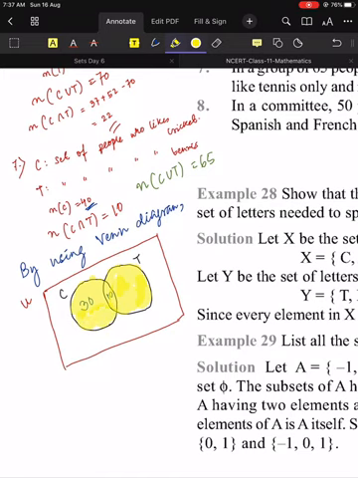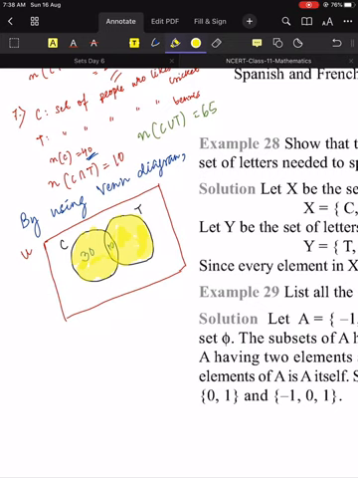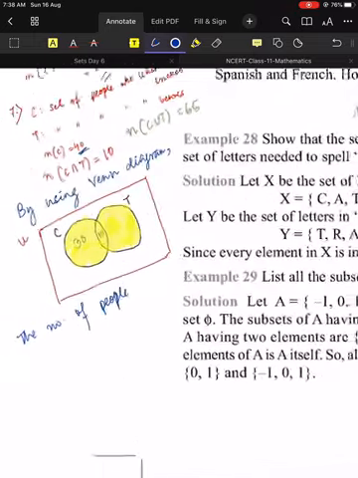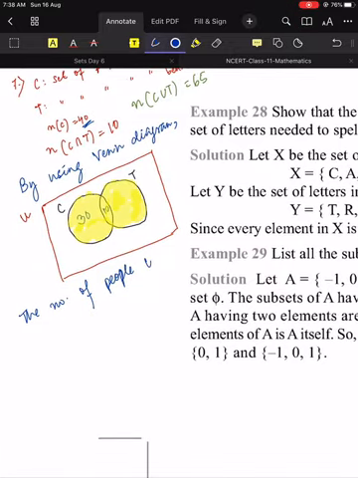Now if this is 30, this is 10, and the total is 65, so can't I say that the number of people who like tennis only, not cricket, is equal to how much?